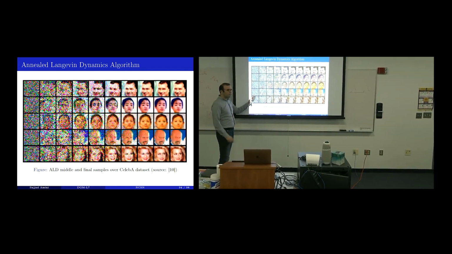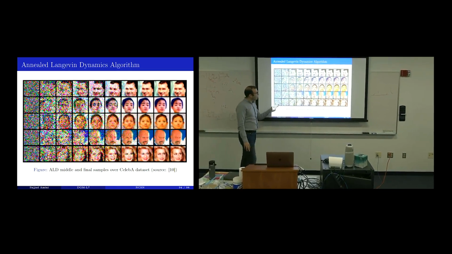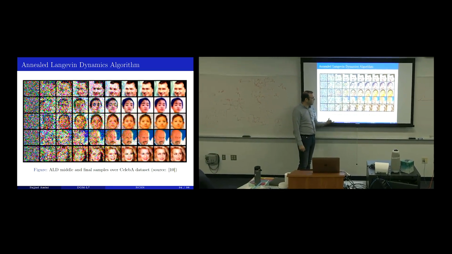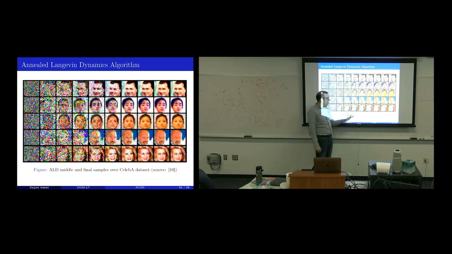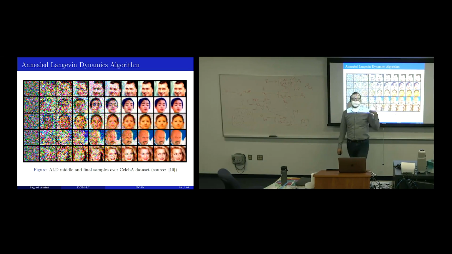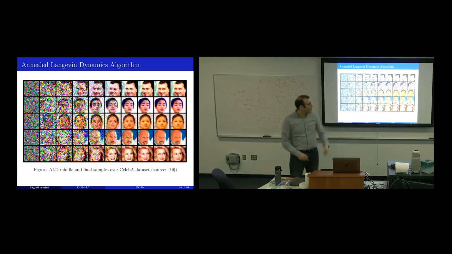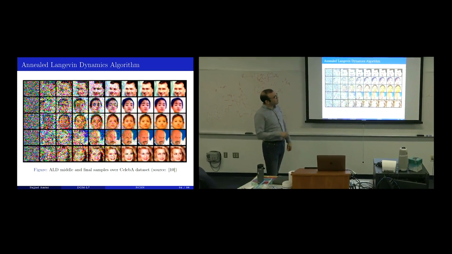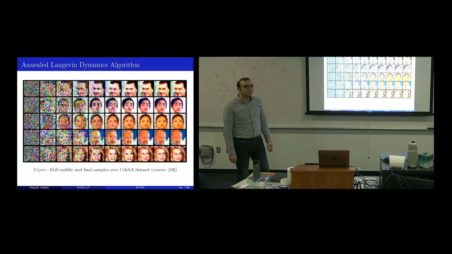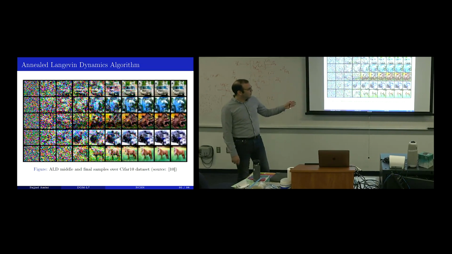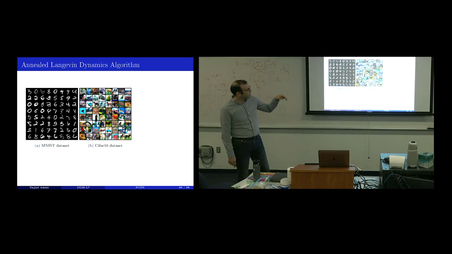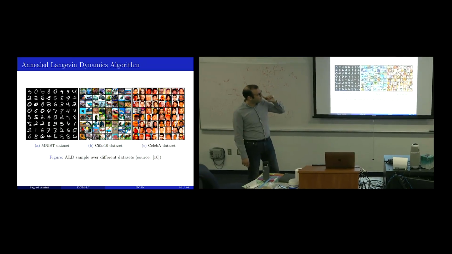Starting from complete noise, you change it using the noisiest version of the score function, then less noise, less noise, less noise, until the end, which is the nearest one to your true data distribution. And as a result, you see that the nearest one to your true data distribution gives really high quality image samples, face samples. Also, this is a sample from the CIFAR-10 dataset. These are samples from MNIST. These are samples from, again, CIFAR-10. These are samples from the Solvay dataset.